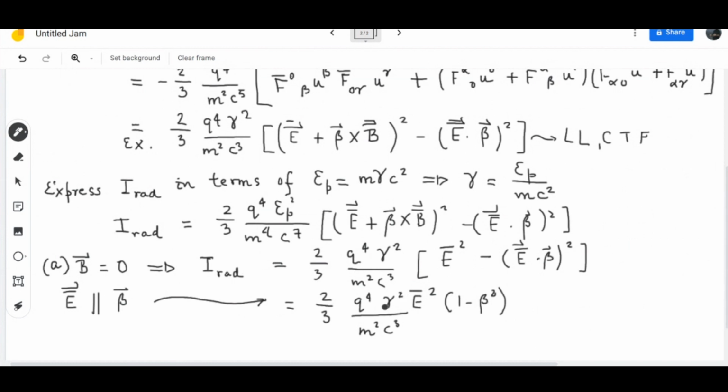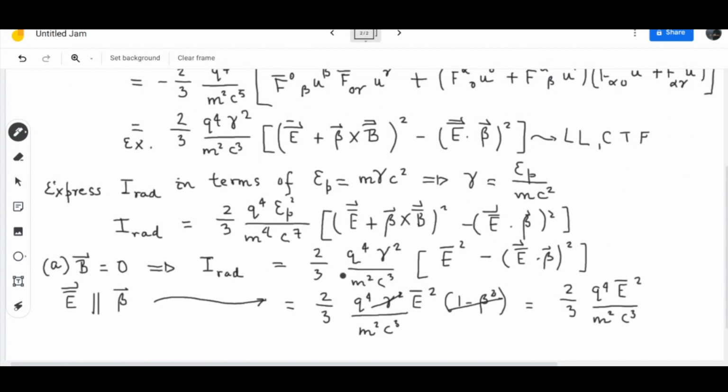In that case, the gamma squared and 1 minus beta squared cancel each other out. And we get an expression for the radiated energy intensity, which is independent of the energy of the particle. This E is, of course, the electric field, E bar.